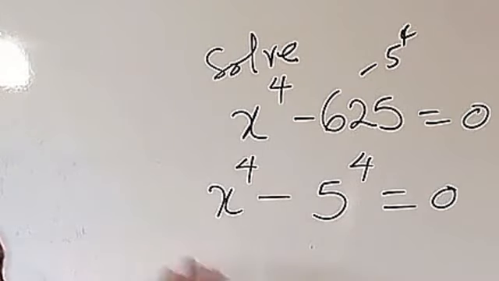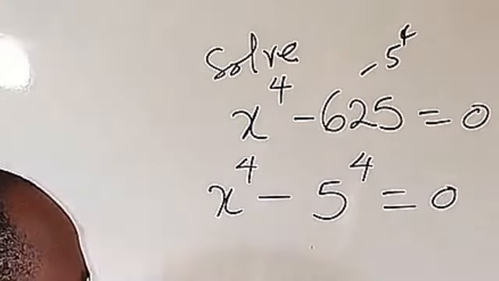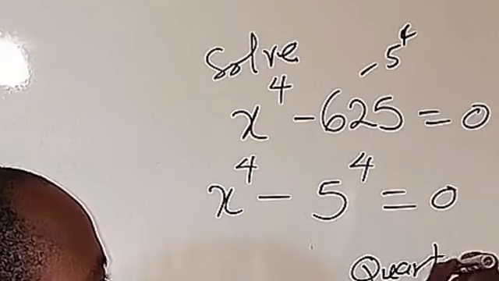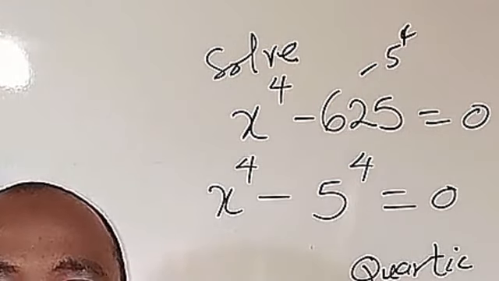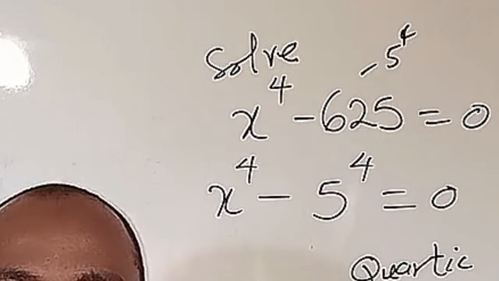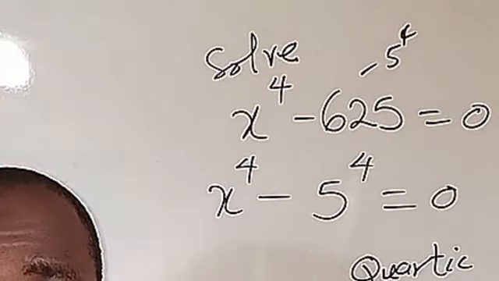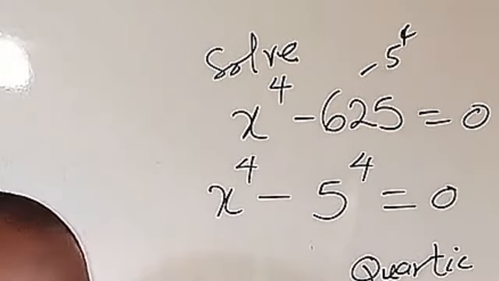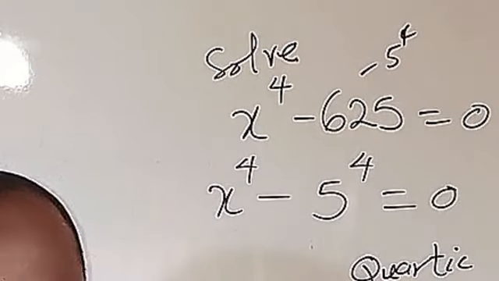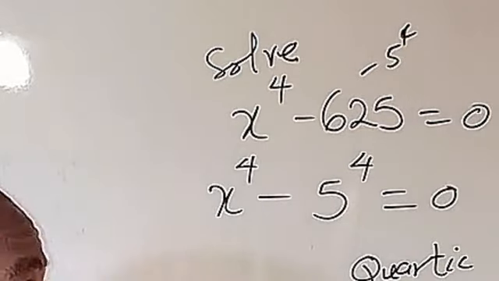We must get all the values, because this is a quartic equation, and a quartic equation is an algebraic equation that has the degree of 4. Therefore you're going to have 4 possible solutions, right? It might be real or it might be complex. So we have to solve for all the possible roots.